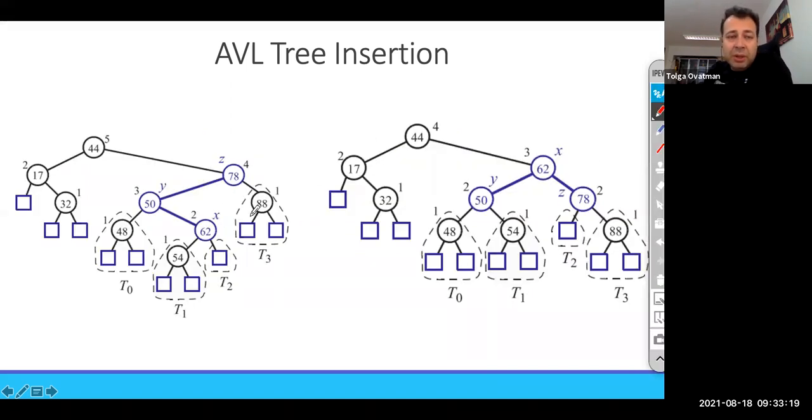So what I do, I put 62 in here as the new root among these two, and I connect this one to the left. I connect this one to the right, and you remember I keep this left child of this because these are the smallest elements among this structure.